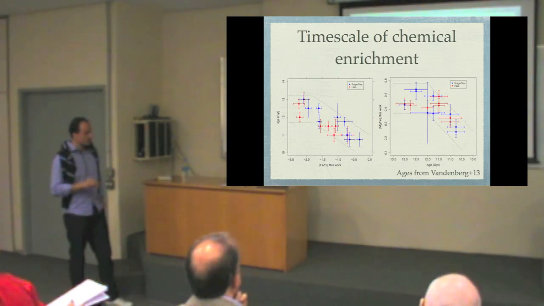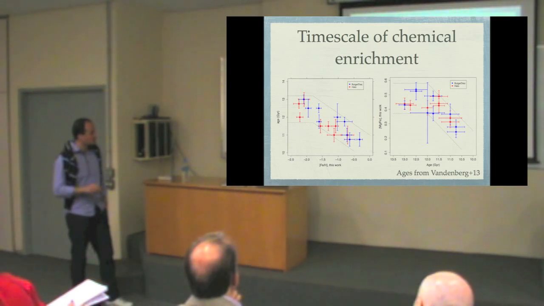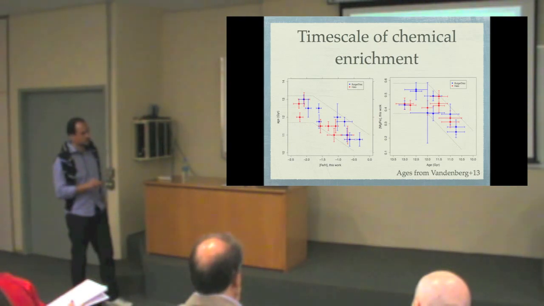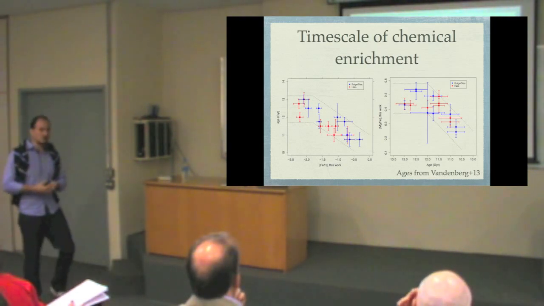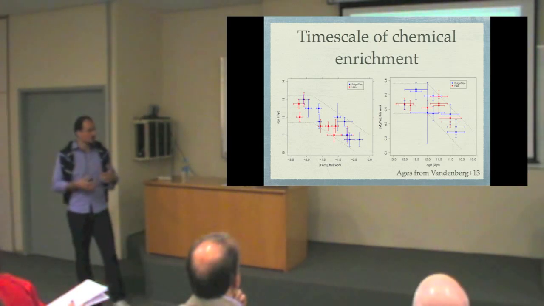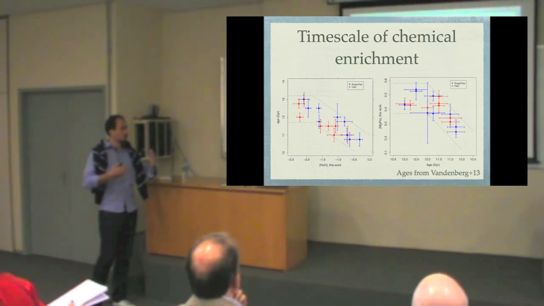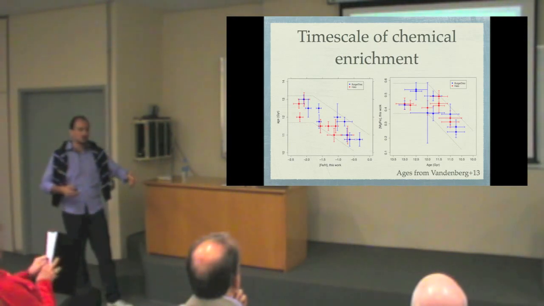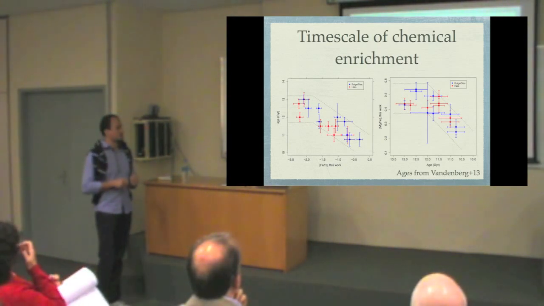The metallicity -1 here would be the start of the supernova type 1a. And if you take from here to here, for -1, on average, roughly 1 gigayear. So I would say that the time scale of supernova type 1a to become important in the Milky Way environment is 1 gigayear.